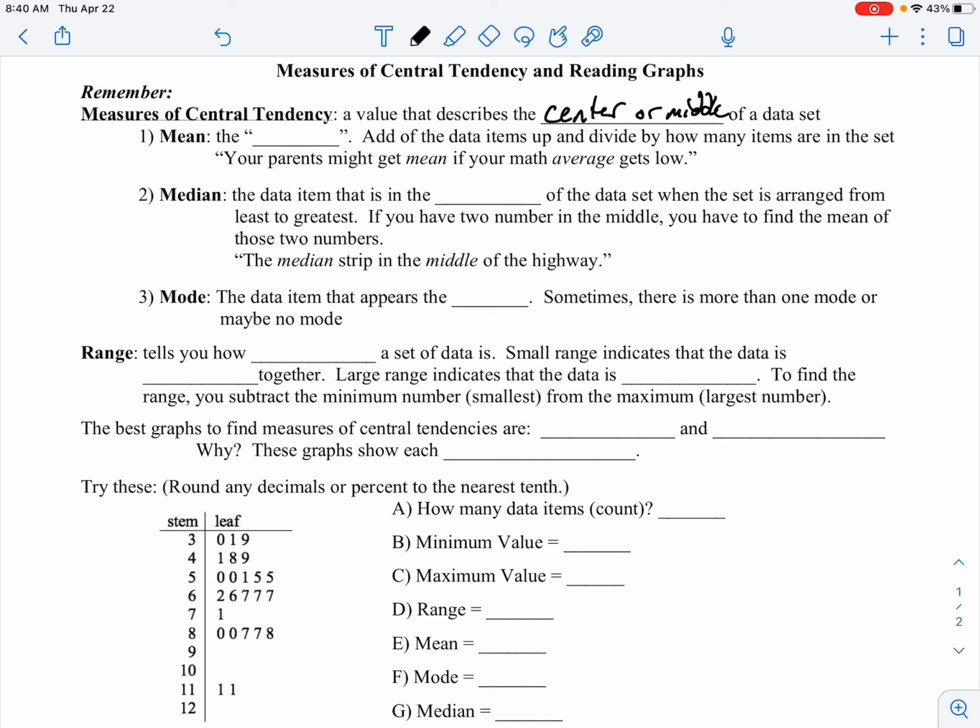There are different types of middles. We'll notice that for all these things we get different numbers most of the time, so there's not just one center here. It depends on how you look at your data.